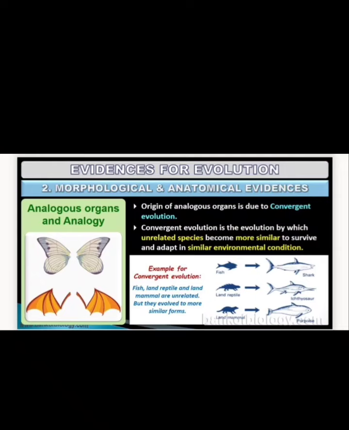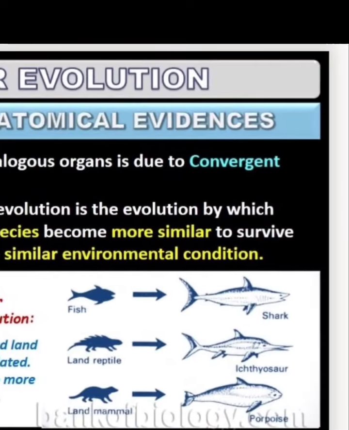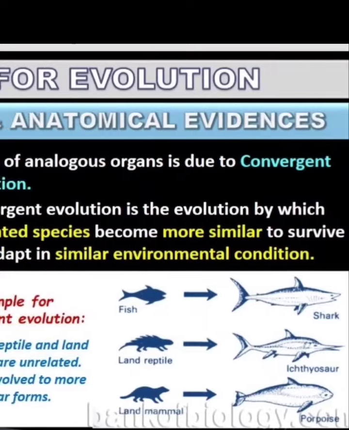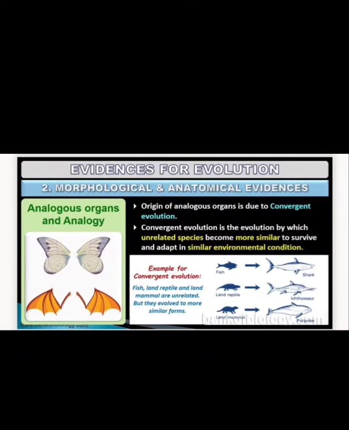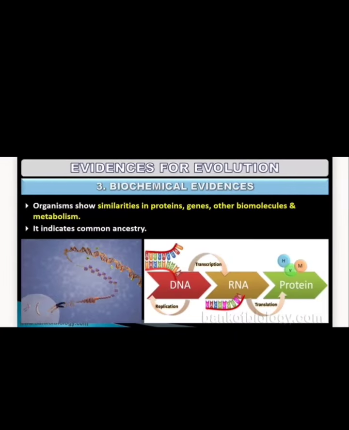You can see the example: fish, land reptiles and land mammals are all unrelated, but they evolve to more similar forms. So this brings convergent evolution.